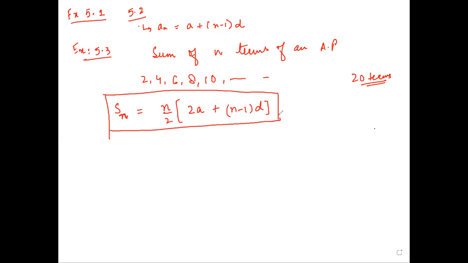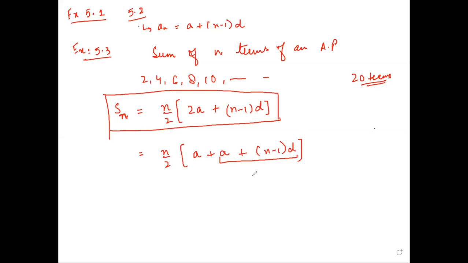Now, this single formula can be represented in different forms. The formula is the same, but we can represent it in different forms. For example, if I write it like this, n by 2 into, now I break this 2a into a plus a, and then n minus 1 into d. Looking at this, do you remember anything? What is this?